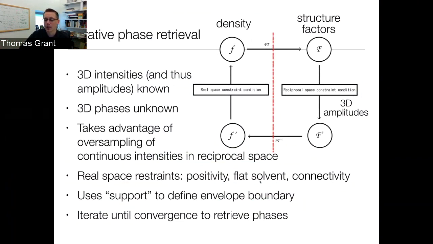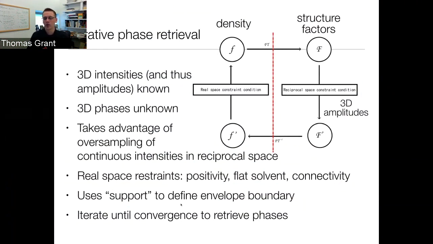We can also impose other real space restraints, things like positivity. We know electron density should be positive. And we also can impose some ideas of connectivity. We know that particles are connected objects. And in order to do this, we have to define what we call a support. A support is effectively the envelope boundary. There are different ways to do this, and I'll describe what I use in my case in a minute.